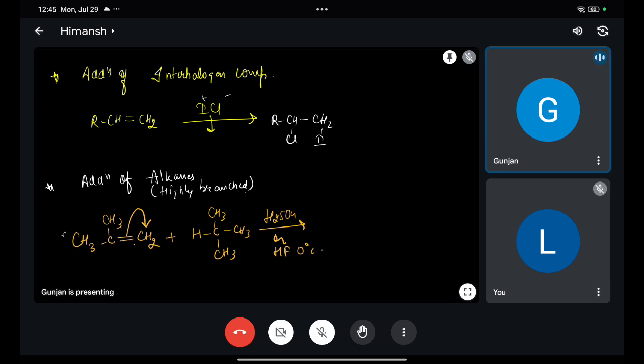When this bond migrates over here, now tell me that this carbon and hydrogen bond cleavage happens. So obviously this carbon is occupied by 3 alkyl groups, so hydrogen will take that electron with it. So this carbon got a positive, that is stabilized by 3 methyl groups. Because of the 3 methyl groups, H minus and C plus will be formed, and this plus is stabilized by the 3 groups.